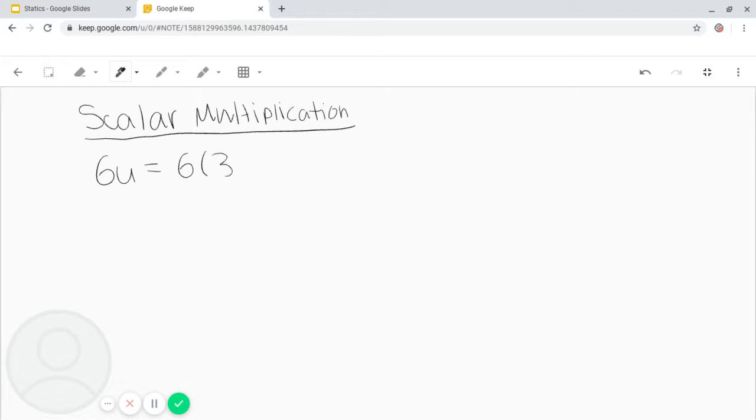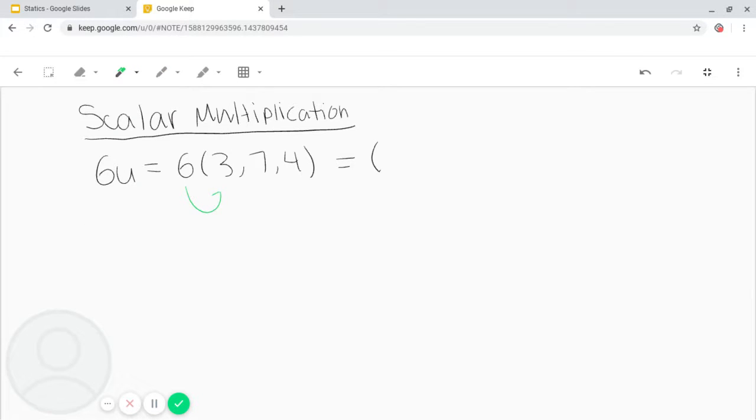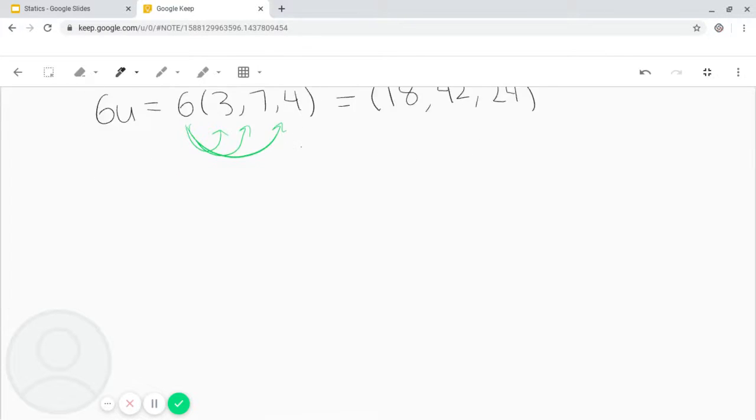So u is 3, 7, 4, and 6u would be 18, 42, 24. So it's pretty simple.